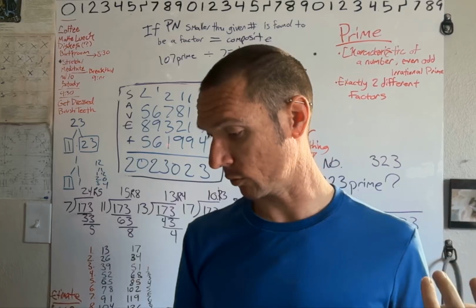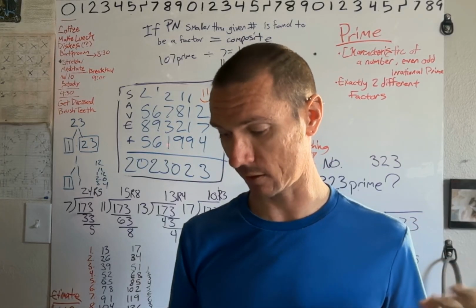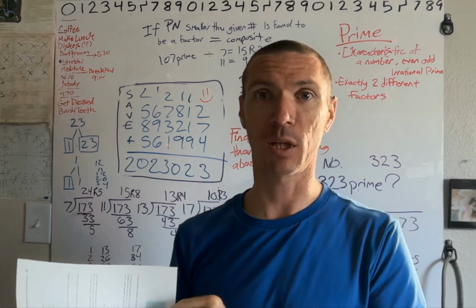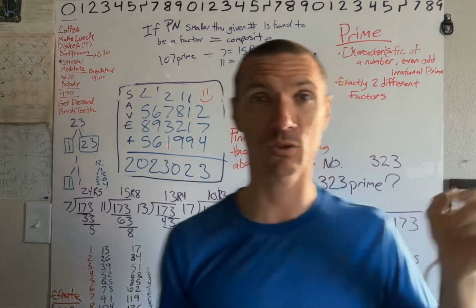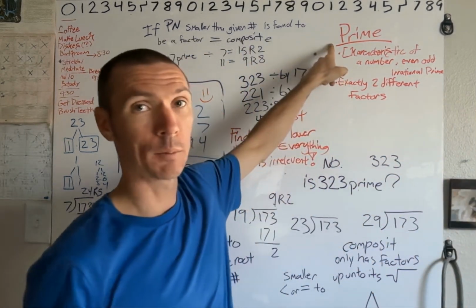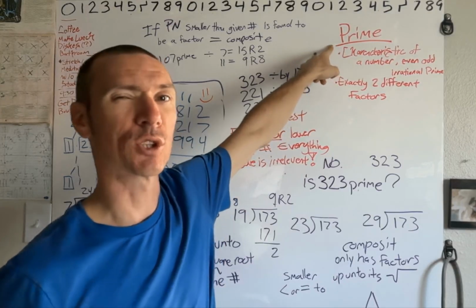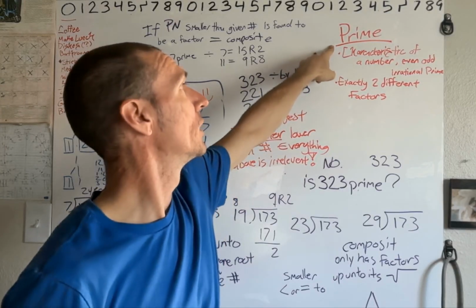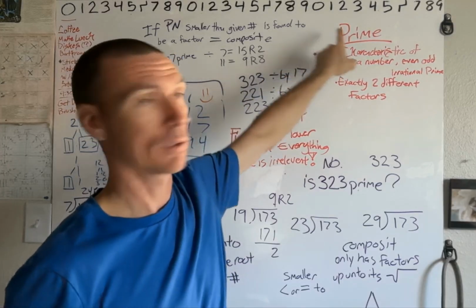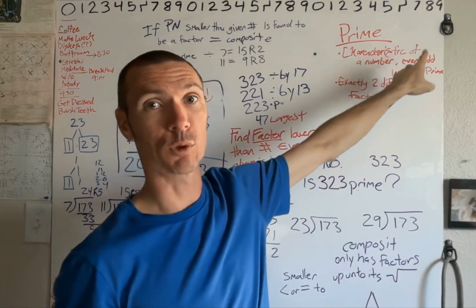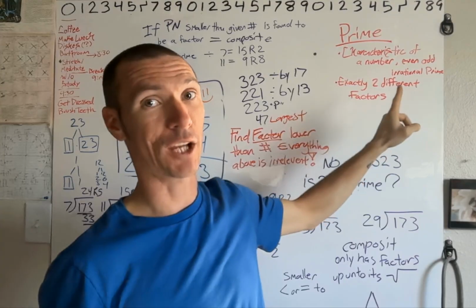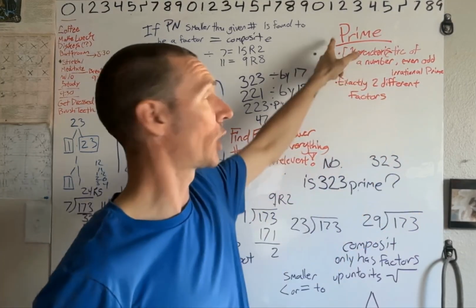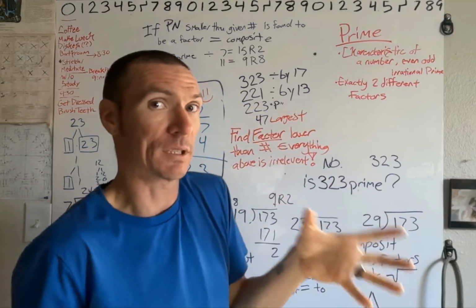And this is the problem with the way that they teach math, is because prime means if a number has exactly 2 factors. So prime is just a characteristic of a number. When you start getting to know numbers, prime is just a characteristic, just like if a number is even or odd, or if it's irrational.